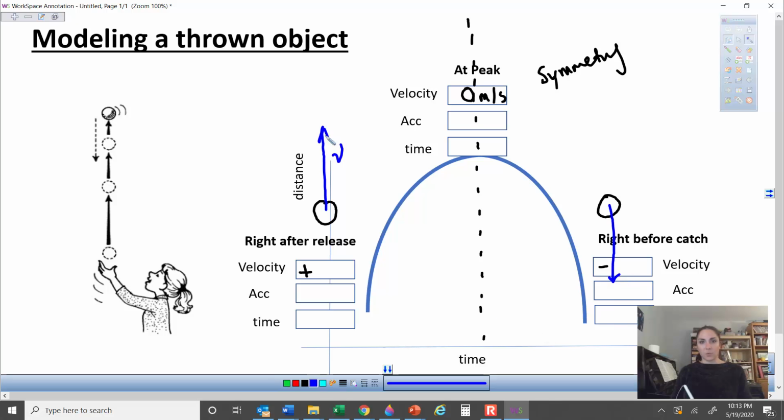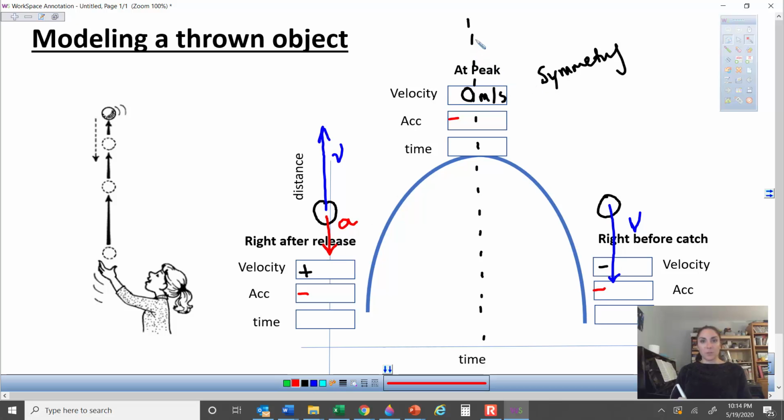Sorry that I'm going over, I just wanted to model this. I won't write it as negative because I'm already accounting for the direction, but it would be down like this. The acceleration will always be negative because it's due to gravity and it's constant. So the acceleration would be down here.